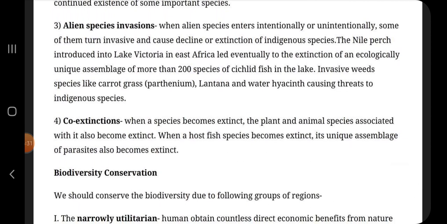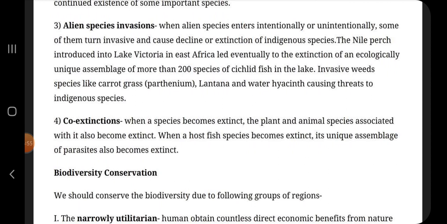When alien species enter intentionally or unintentionally, some of them turn invasive and cause a decline or extinction of indigenous species. For example, the Nile perch introduced into Lake Victoria in East Africa led eventually to the extinction of an ecologically unique assemblage of more than 200 species of cichlid fish in the lake.